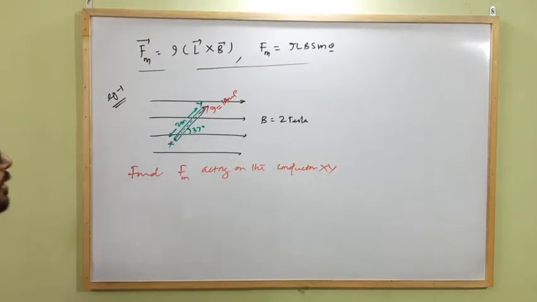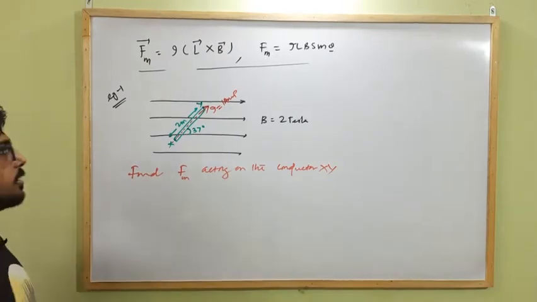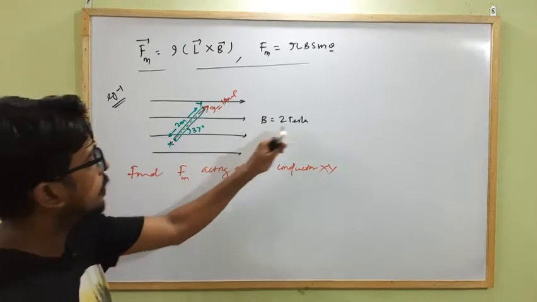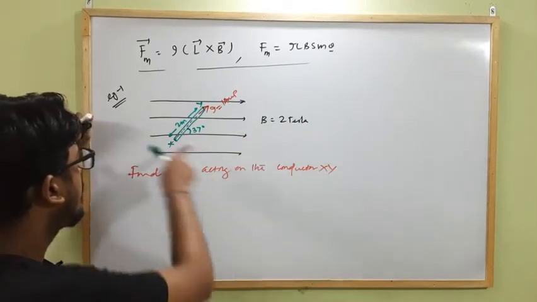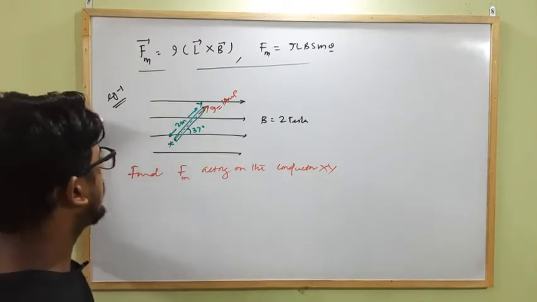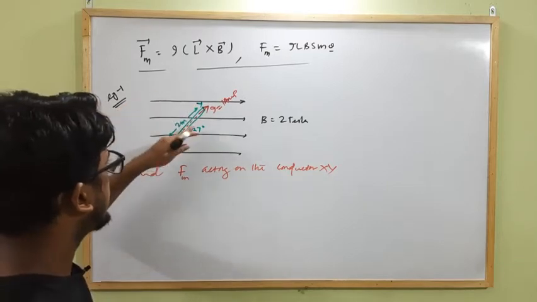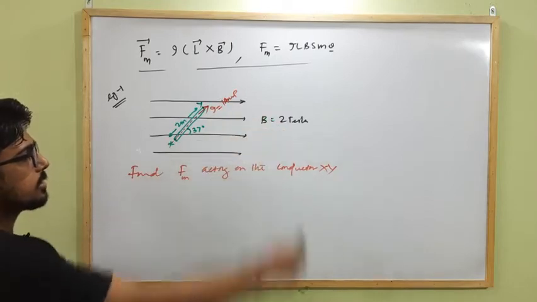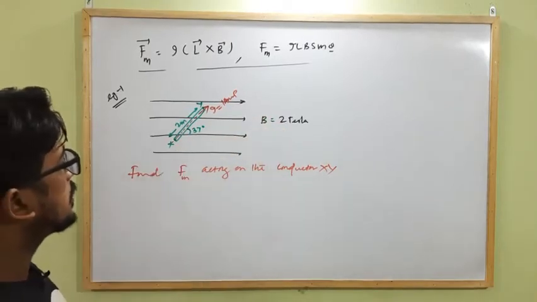Okay, so as shown in the figure, there is a magnetic field acting from left to right of strength 2 Tesla, and a current carrying conductor is present of length 2 meter and carrying current I, and the angle made by the current carrying conductor with the direction of magnetic field is 37 degree.